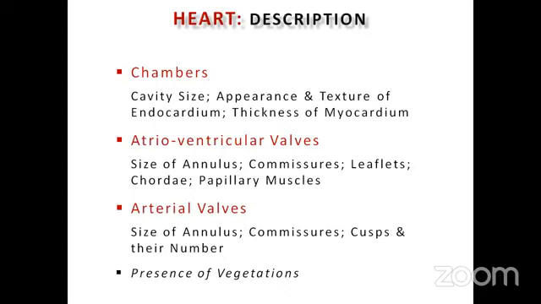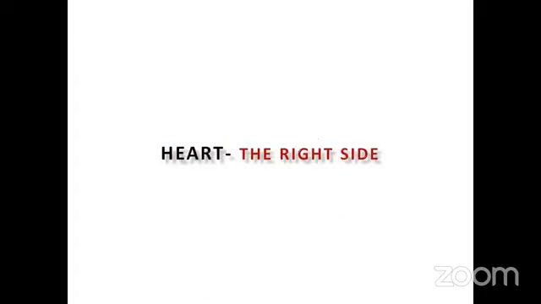And very important for the arterial valves is the number of cusps. An important pathology that is seen over the valvular endocardium and sometimes even over the mural endocardium is the presence of vegetations. So this is the usual description that we apply to different structures of the heart.